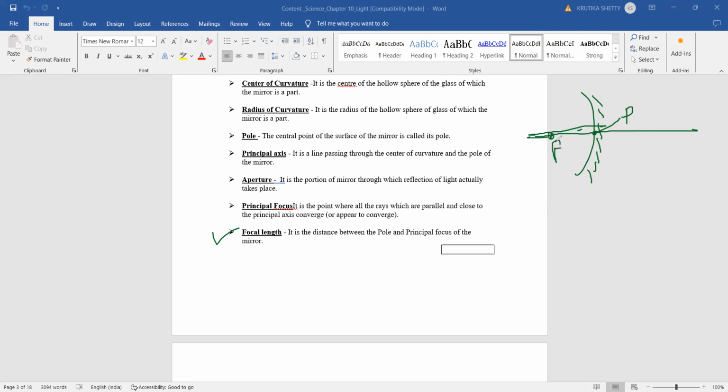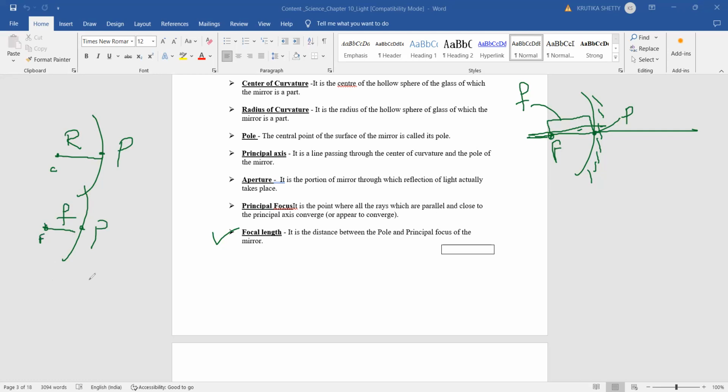It is denoted by the capital F. The distance between this pole and the focus is called the focal length. Very simple. Distance between the pole and the focus. Okay. So based on the distance, one is from the pole to the center of curvature, which is called the radius of curvature. Second is from the pole to the focus, the focal length.